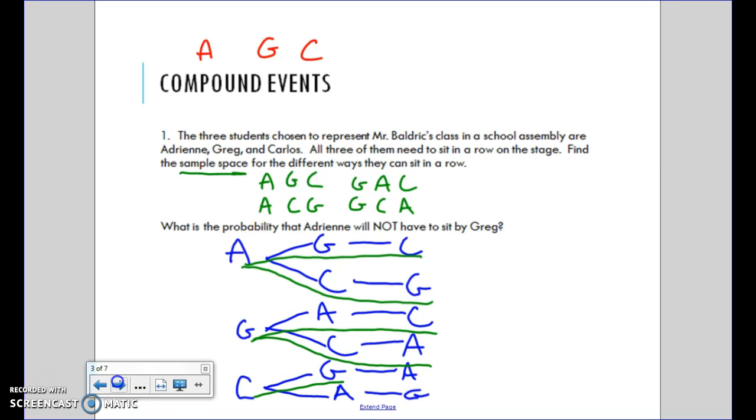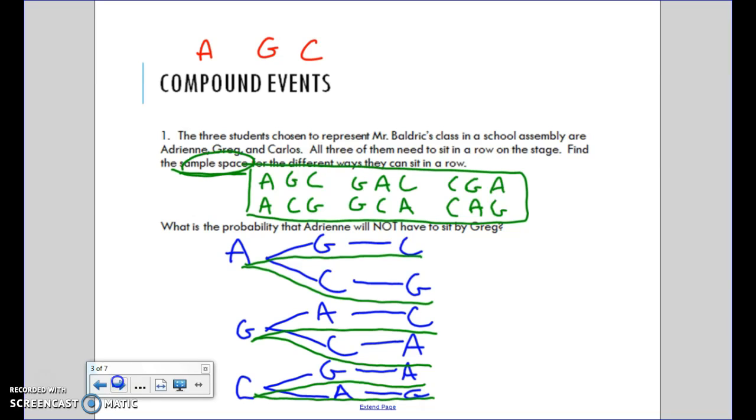We could go Carlos, Greg, Adrienne. Or we could go Carlos, Adrienne, Greg. And so you can see all the different ways that this could happen. We have 6 different ways that we could line these 3 students up. So when it says find the sample space, this is the sample space. We've now answered the question for find the sample space.